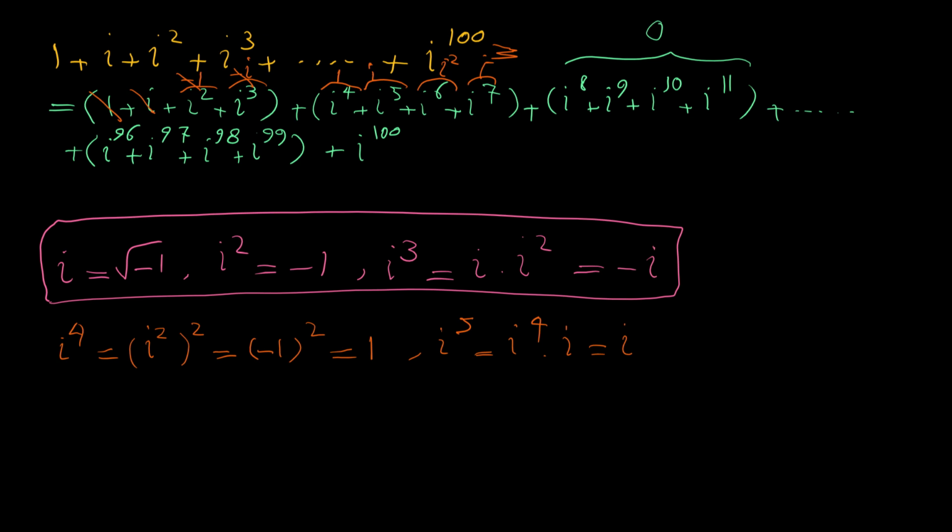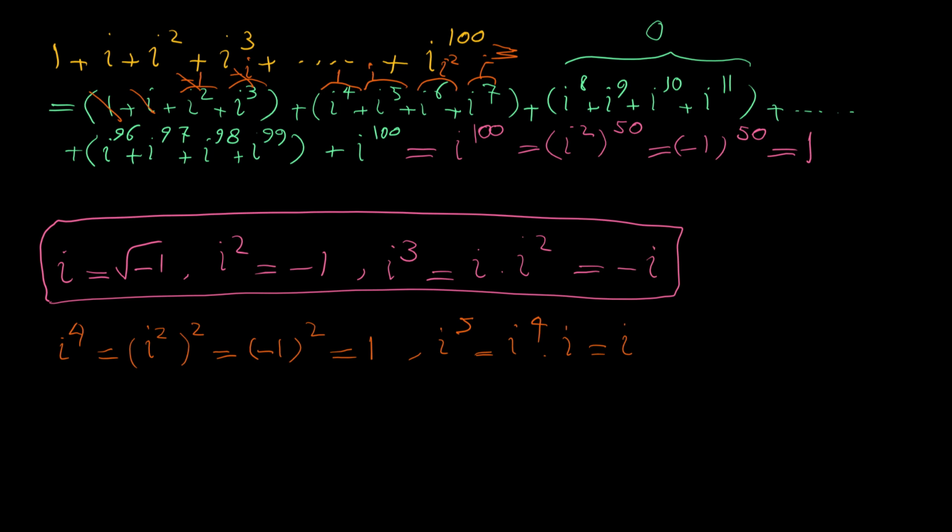And in all the brackets, the sum of the terms in each bracket is 0. So at the end we have only i to the 100. i to the 100 is i to the 2, to the 50, which is negative 1 to the 50, and it equals 1. So the sum of the terms is equal to 1.